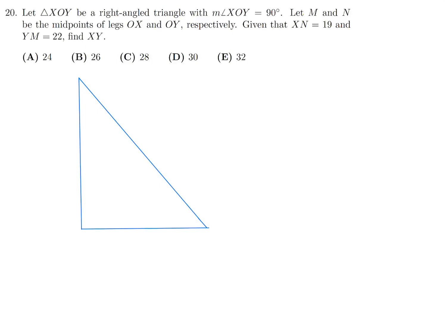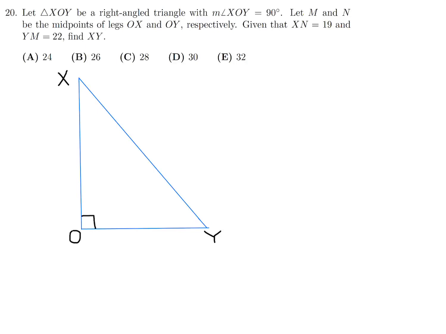Okay, and then let's label it. We've got X, O, and Y, and this angle XOY is 90. And then they draw these midpoints, I guess, M and N, the midpoints of OX and OY.